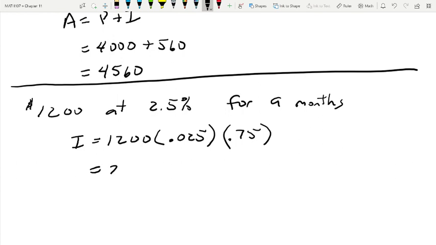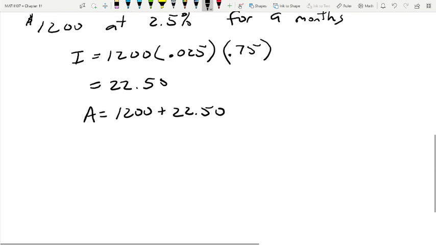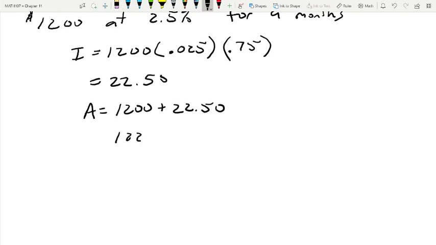And this will give us $22.50, and then the amount here in the account would be the 1,200 plus the 22.50, and so we would have 1,222.50 in that account.